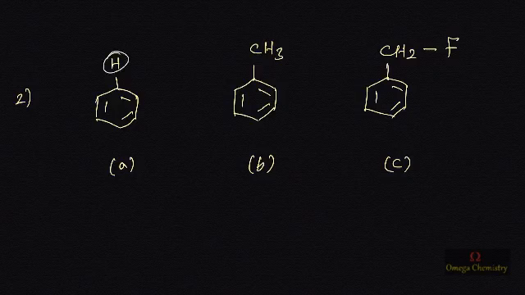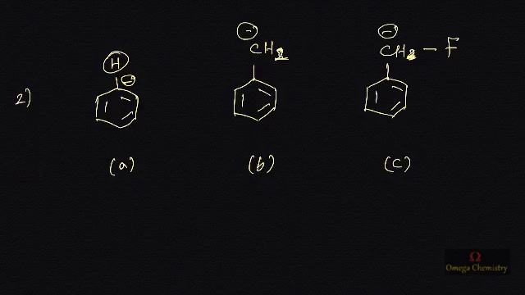After the release of this hydrogen, this is the species that I am going to get, phenyl anion, right? And after the release of H plus from toluene, I am going to get CH2 minus, that is benzyl anion. And here after the release of hydrogen, I am going to get this species, CH minus connected with the fluorine.